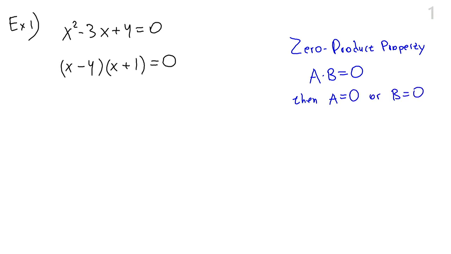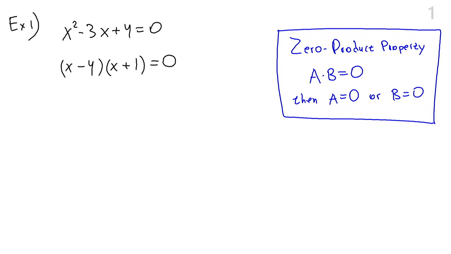So this is called by several different names, but this is the principle that will allow us to solve a quadratic equation. We're essentially breaking it up into simpler pieces. So the way this equation can be 0 is either the first factor equals 0 or the second factor equals 0. So instead of one quadratic equation, by factoring, we got two linear equations.